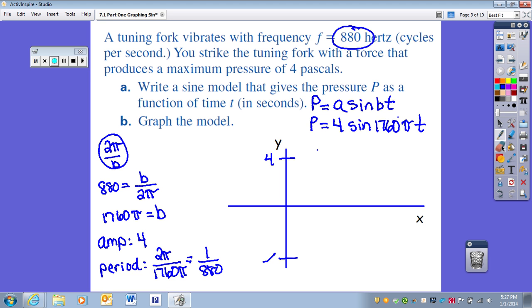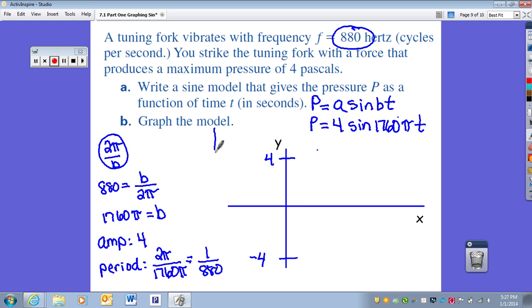And then we need to make our table. So let's get that going. So we have our x and we have our y equals sine of x. So in our basic function, we have 0, pi over 2, pi, 3 pi over 2, and 2 pi.